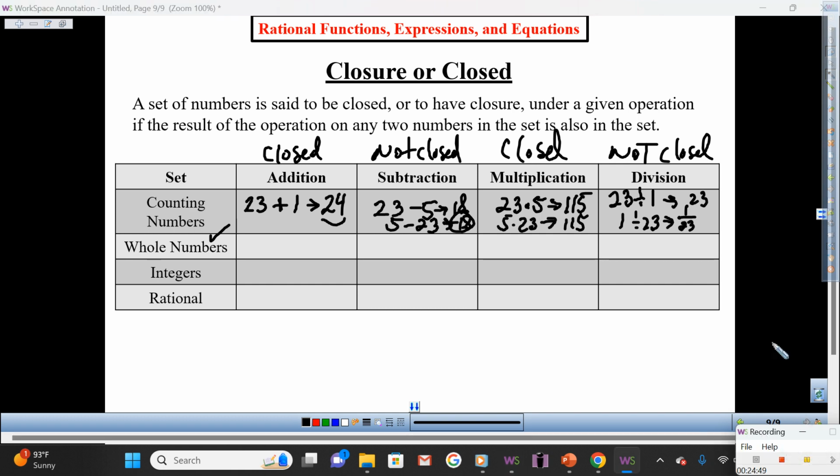All right. So let's see. Brandon, Felix, what did you write for your whole numbers for addition? What were your numbers? 2 plus 23. That's 25. And by the way, remind your neighbors, what are whole numbers? Brandon, pass it to someone so they can enlighten us.